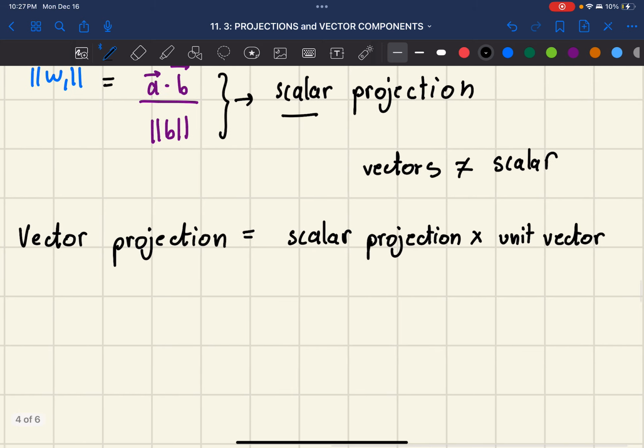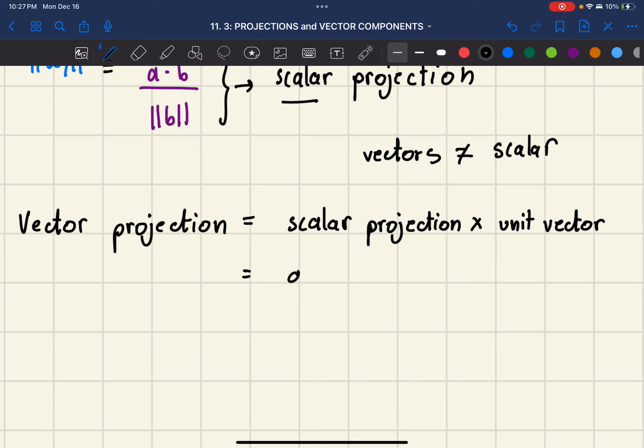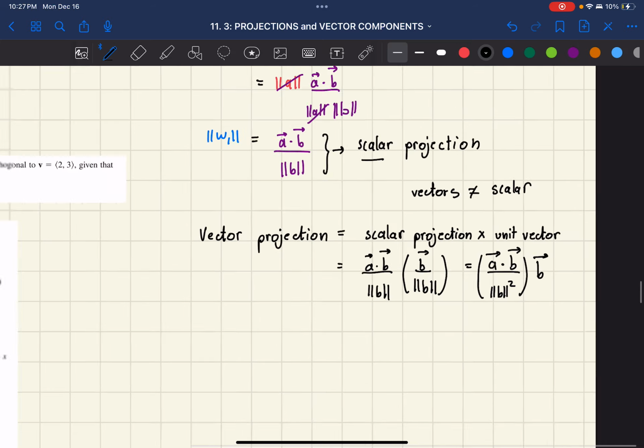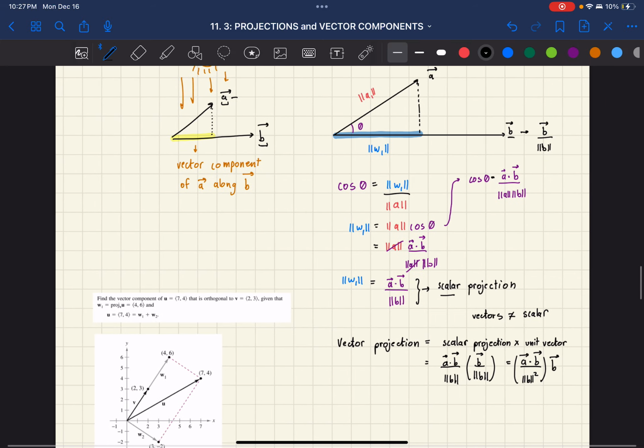All right, so if we just write that out, we get A dot product B over magnitude B multiplied by B over magnitude B, giving us A dot product B over magnitude B squared times B.